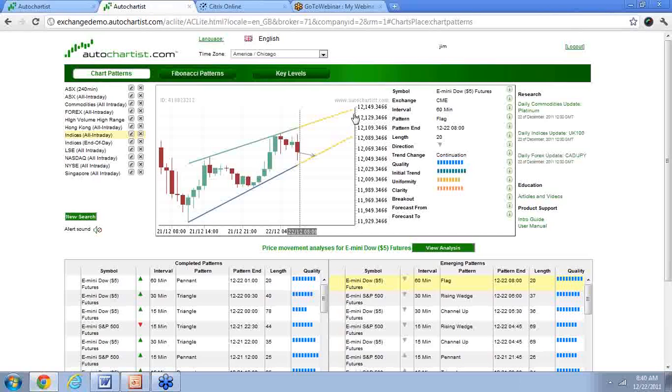If you're the type of trader that says, I like to trade breakouts, then your assumption is that Autochartist is saying this market could go down. You see this gray arrow here? So I'll get in as early as possible and I'll play for that breakout. So you're ahead of the guys who are trading the breakout.